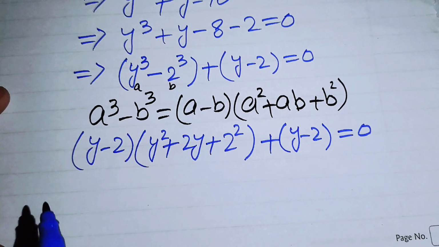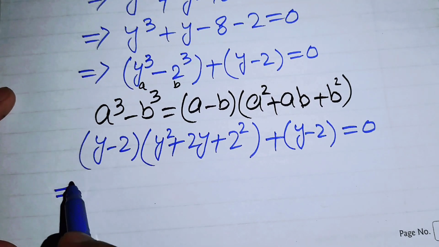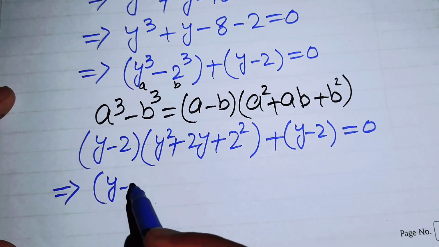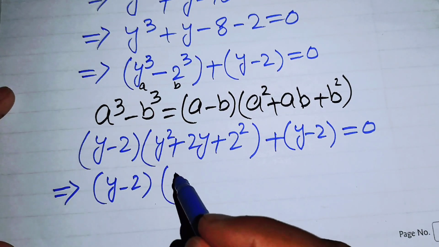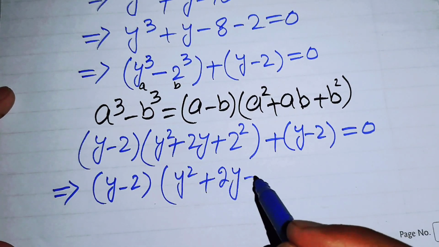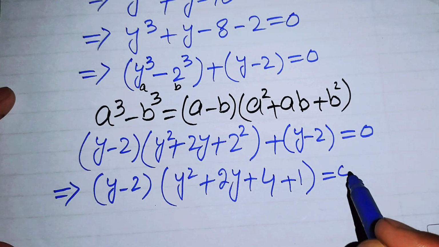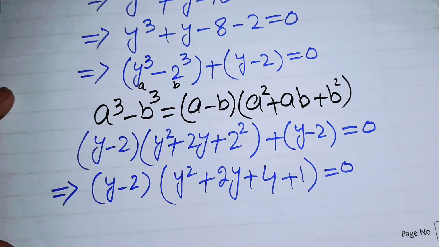Now you can see that y minus 2 is the common term, so you write y minus 2 times y squared plus 2y. Here you have 2 squared, which is equal to 4, and plus 1 is equal to 0.